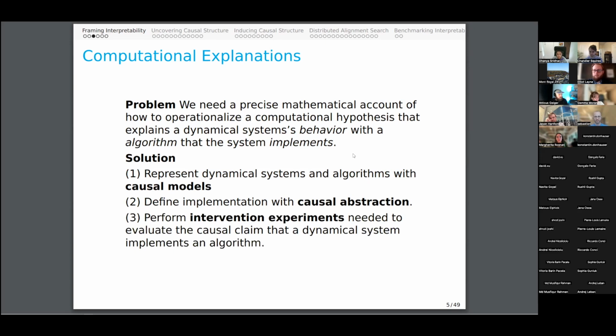To verify this experimentally, you perform interventions on the low-level system and interventions on the high-level system. If your mapping is a good mapping, then the outcomes of those interventions will be aligned by your mapping. We'll get into the details of that.